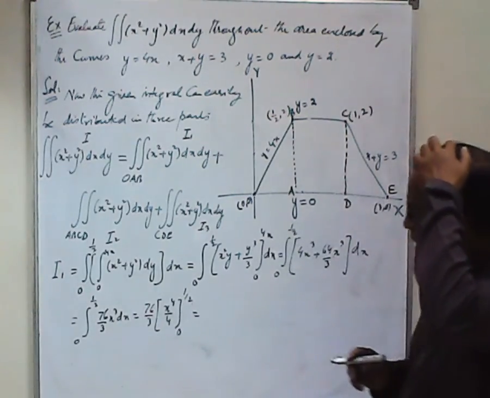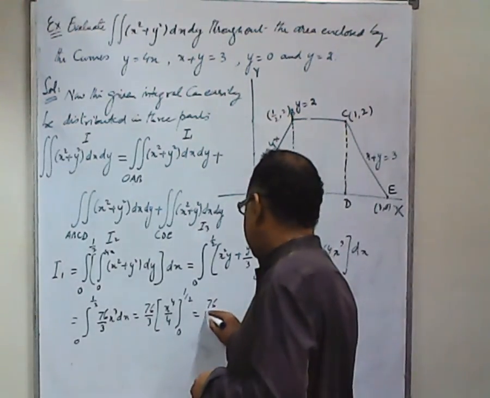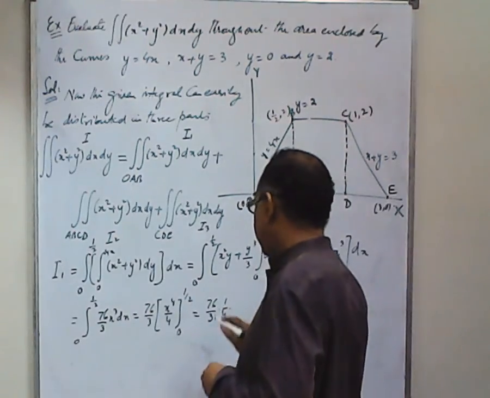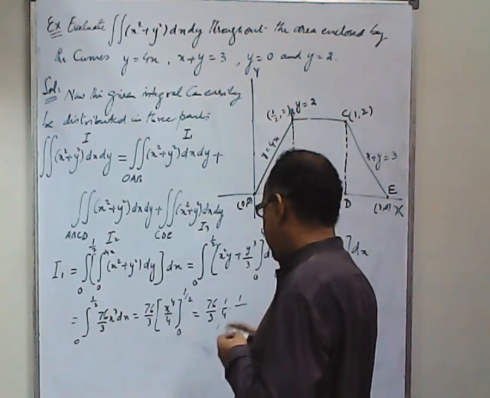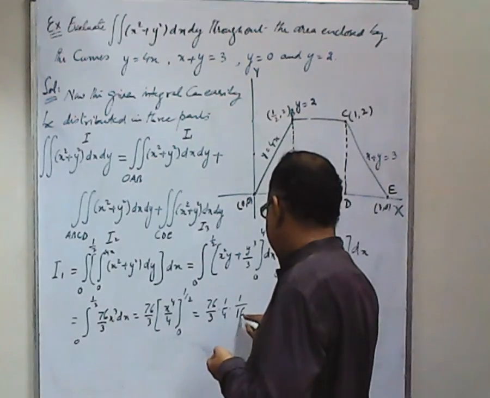So what will I get? I will get 76 upon 3 into 1 by 4 and into 1 by 2 to the 4, which is 16.